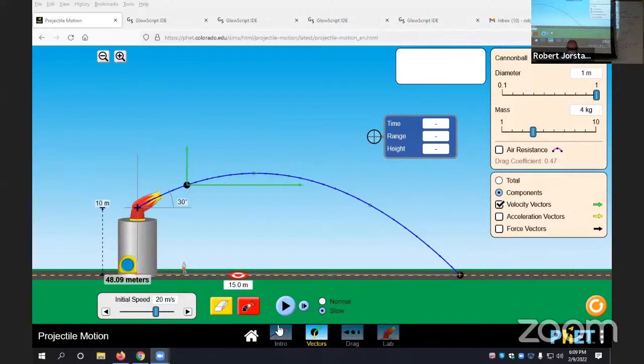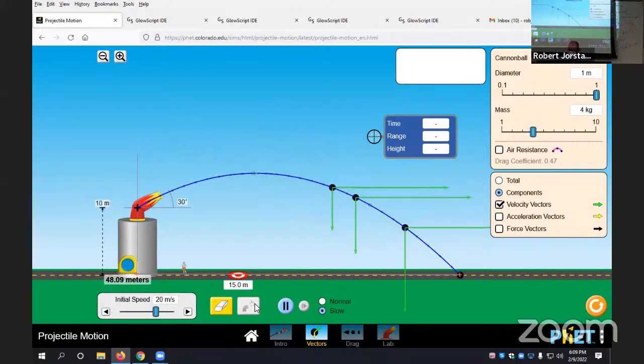Let's run this again. Do you notice that the Vx isn't changing size? I'll run that again. Look at the Vx arrow. It's not changing. Vy goes to 0 at max height.